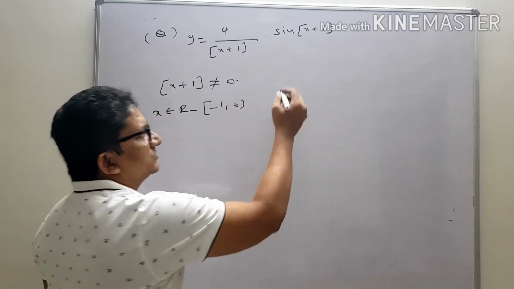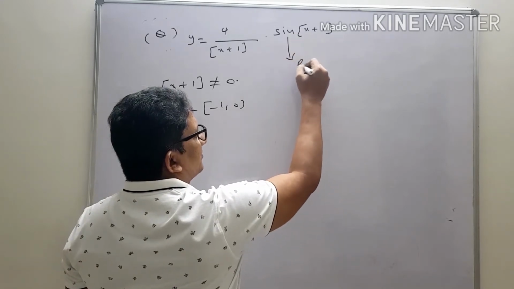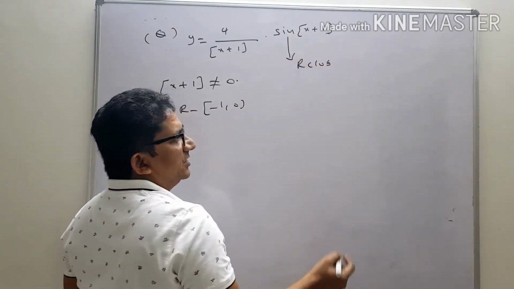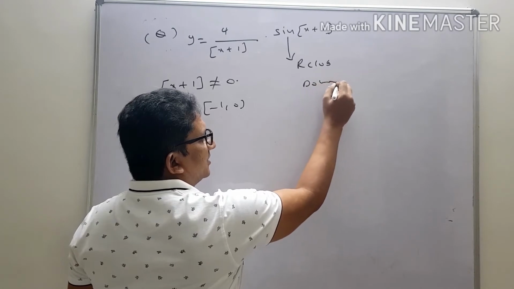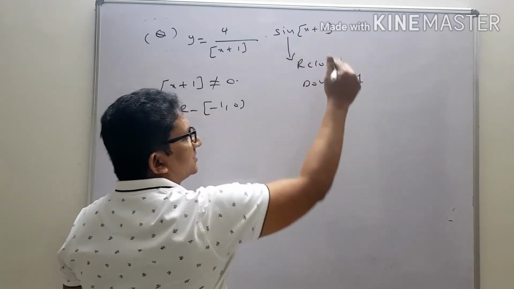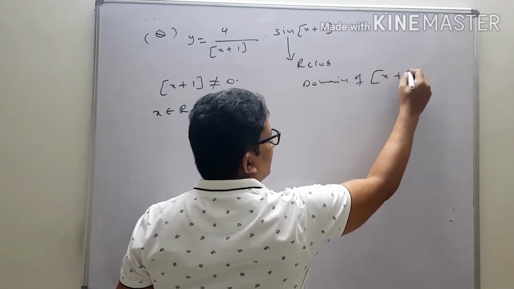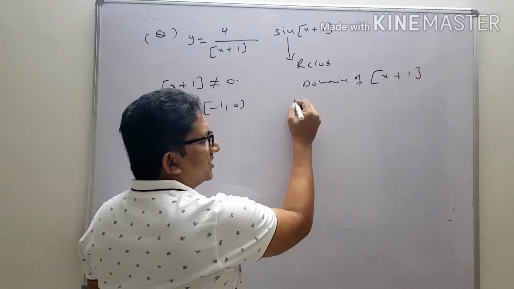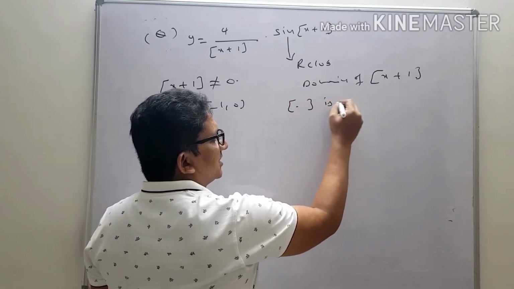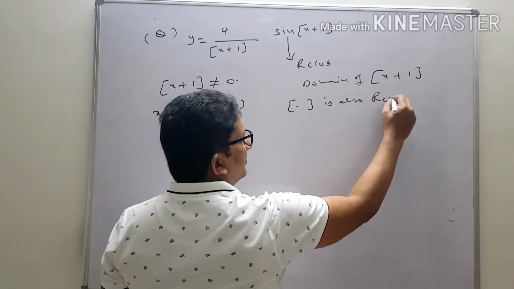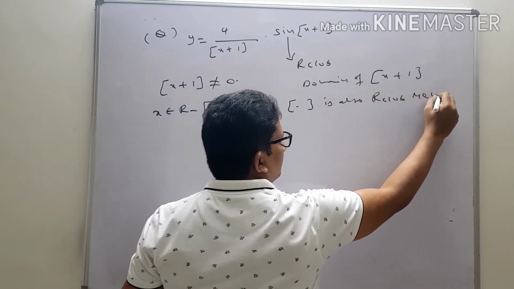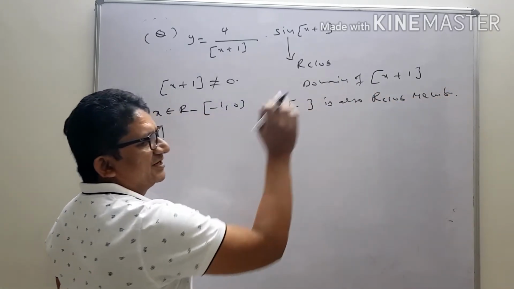Now we come back here. To solve this, it is a composite function, so we need to find the domain of the inside part. The domain of step x plus 1: the greatest integer function is also a composite, whose domain is real numbers.